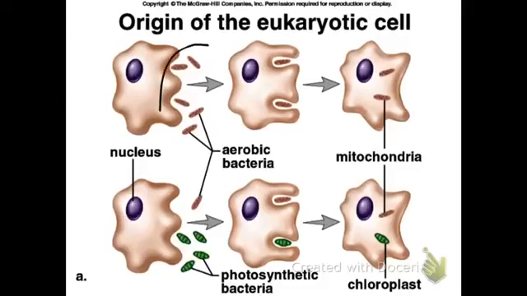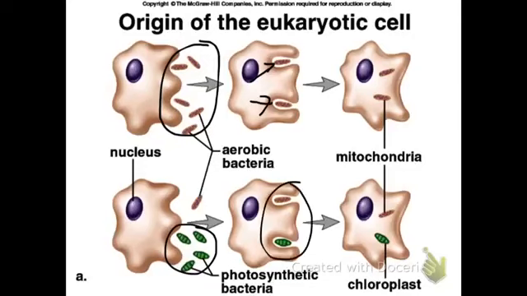Here you have aerobic bacterial cells that are being engulfed into a larger cell. And down here you've got photosynthetic bacterial cells that are also being engulfed into a larger prokaryotic cell. And you have a chloroplast and mitochondria. This one would be a plant cell. This one would be an animal cell.